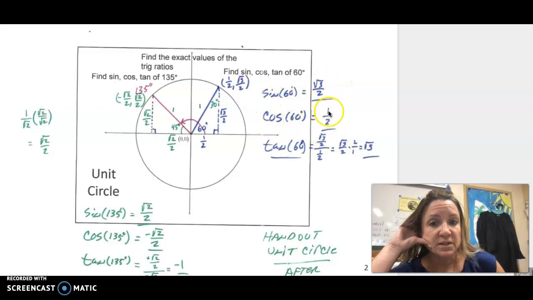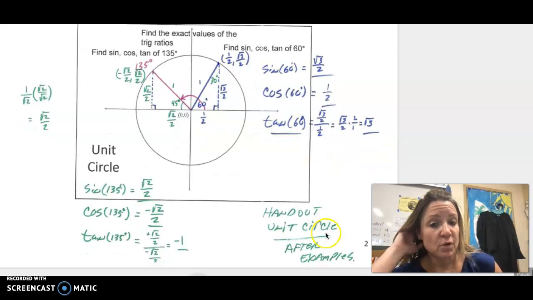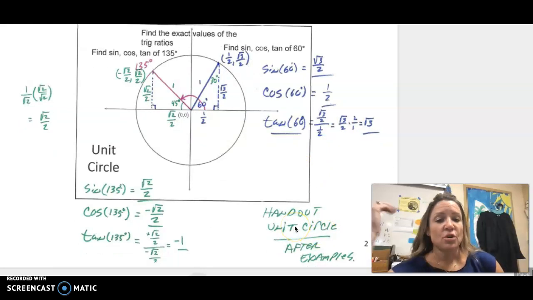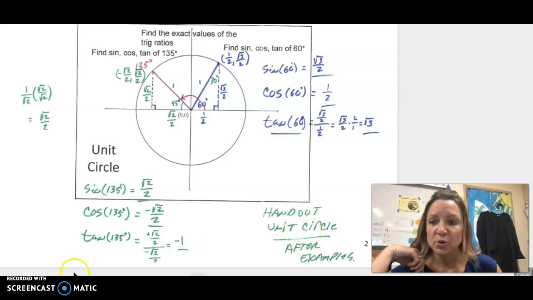Our cosine of 60 is 1 over 2. And our tangent of 60 is √3 over 2 over 1/2. If we multiply by the reciprocal, the 2's cancel and we get the square root of 3. So make sure you either copy that chart down or you print it out and put it in your notebook.